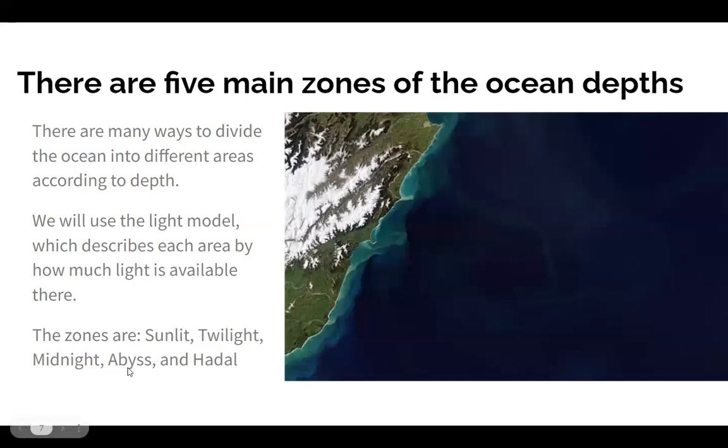There are 5 zones in this model: sunlit, twilight, midnight, abyss, and Hadal. We'll get to these all individually. Again, feel free to pause at any time if I'm going too fast. We're just going to cruise through this, but get these notes down.